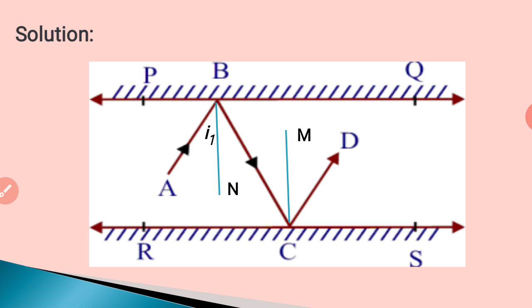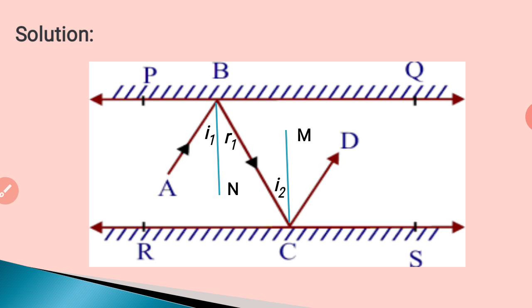With this, we have the angle of incidence, the very first one, that is I1, and then R1, the first angle of reflection. Using the mirror concept, we already know that the angle of incidence and angle of reflection are always equal. Let us name the rest of the angles also.